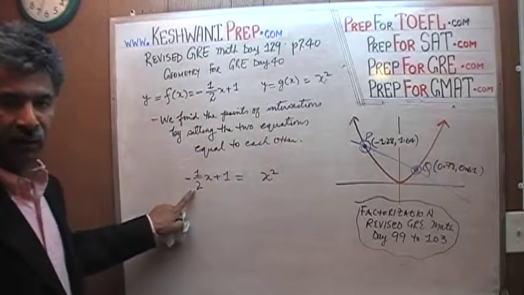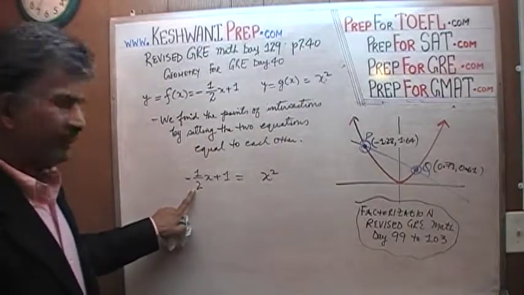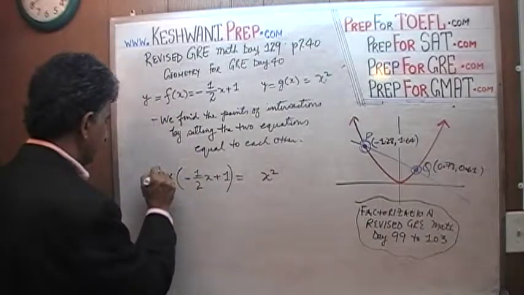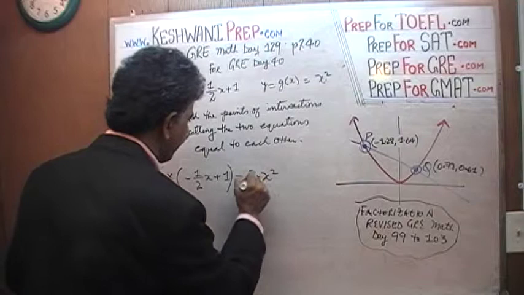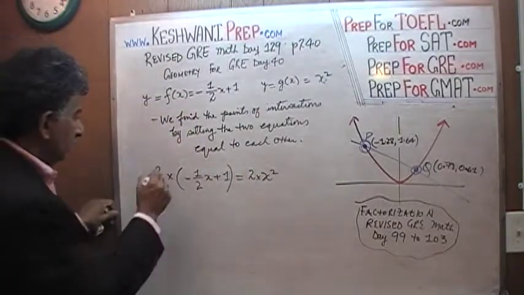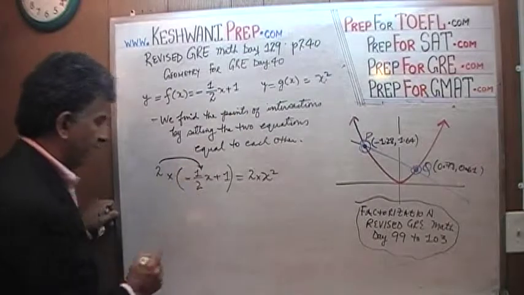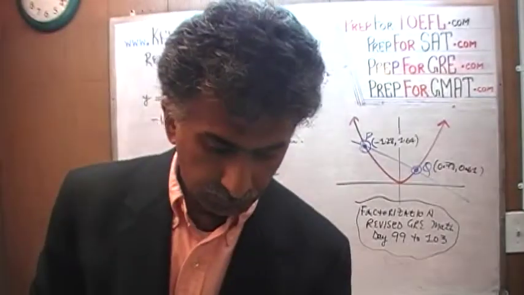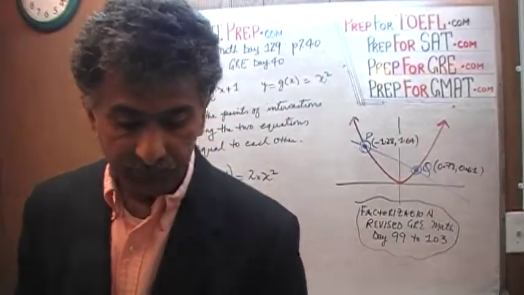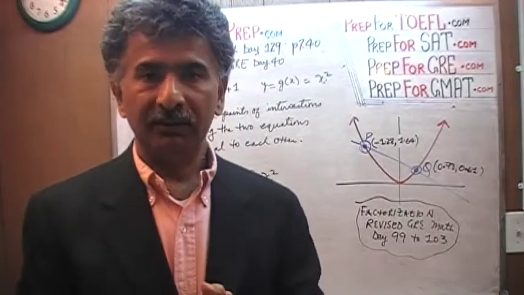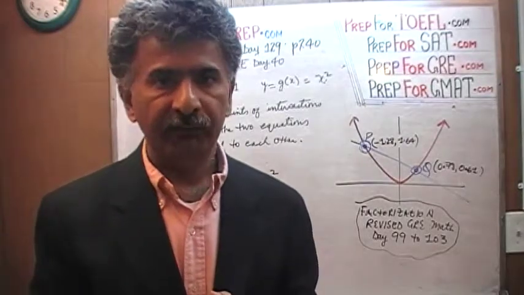I want to get rid of this 2 from the bottom. I find it very annoying. Let's multiply both sides of the equation by 2. When you multiply both sides of the equation by 2, now 2 times negative half is how much? Well, I know 2 times half is 1, or in other words, 2 halves make 1.